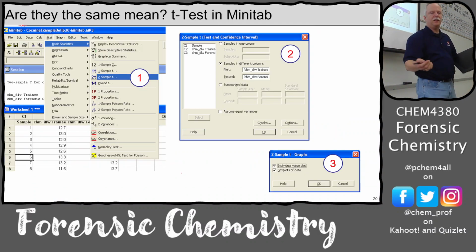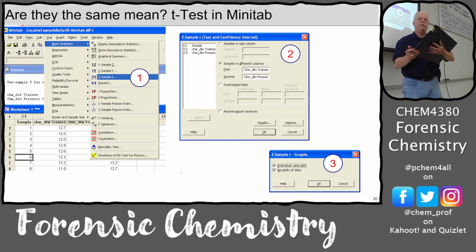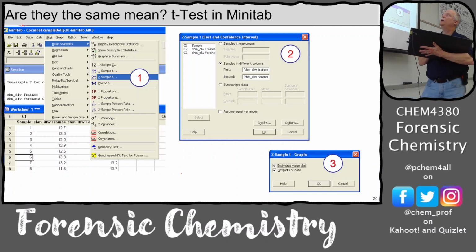Now we can do some of this stuff really quickly in Minitab. Right up here you can go to the menu, Statistics, Basic Statistics, and over here you have the two-sample t-test, and then it shows you your columns of data over here. You have a sample number column, trainee data, and forensic chemist data.